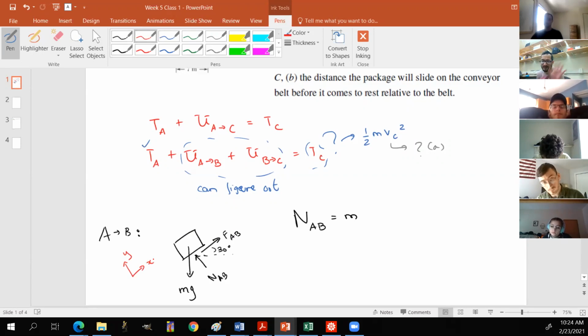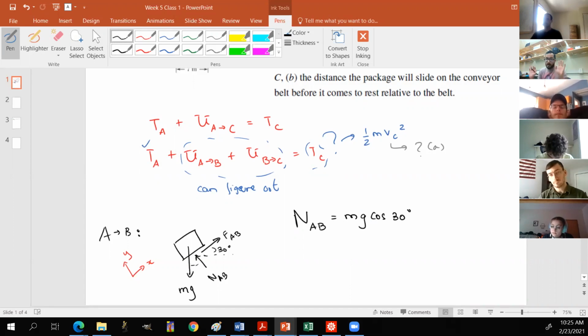It's implicit in our conversation now. I expect you guys to do this. So NAB is equal to what? mg cosine theta, right? Because this angle is going to be 30 degrees as well. So mg cosine 30, like that.